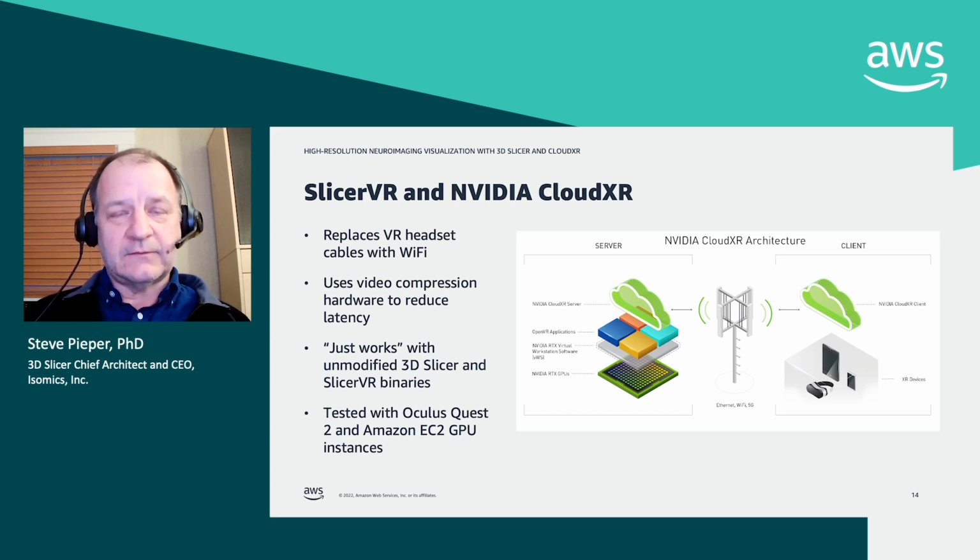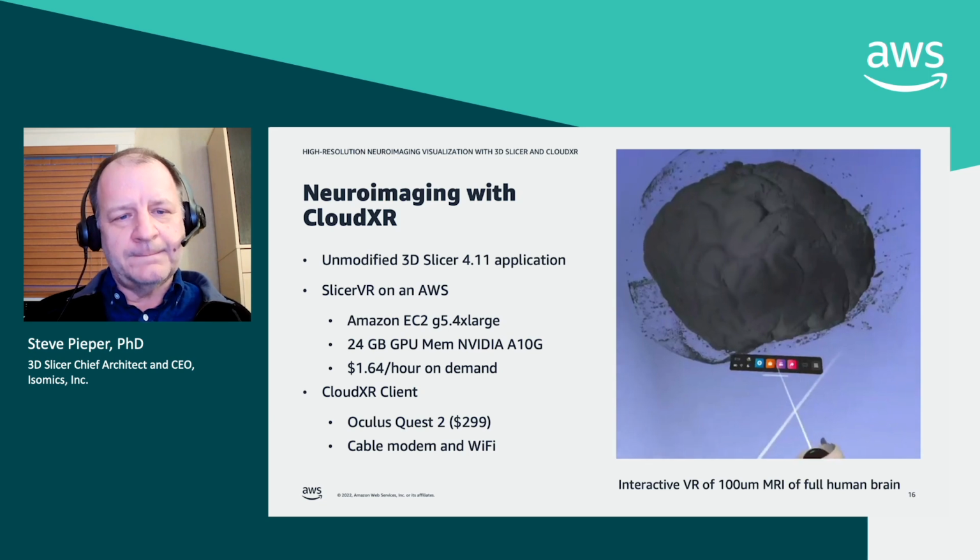So the Oculus Quest is a common one these days, but also Windows Mixed Reality, some of the HoloLens, I believe, and some of the other AR and VR infrastructure. The nice thing from my point of view is that it just works with the Slicer executables, with SlicerVR, everything that we looked at. There's no modification of the binaries needed; it just runs on a system with this installed.